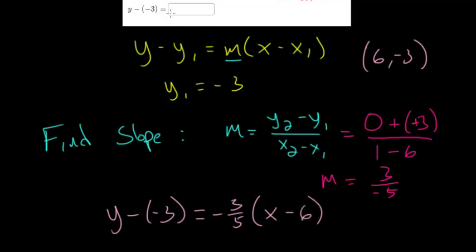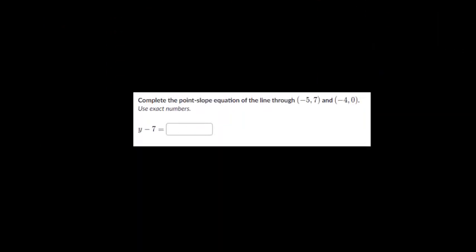And so when we actually write all this in the box, we're just going to put minus 3/5 parentheses x minus 6. So with that in mind, let's do another one. And again, we're just completing the point slope equation of the line through these 2 points. And I'm just going to rewrite point slope form. So y minus y1 is m times x minus x1.